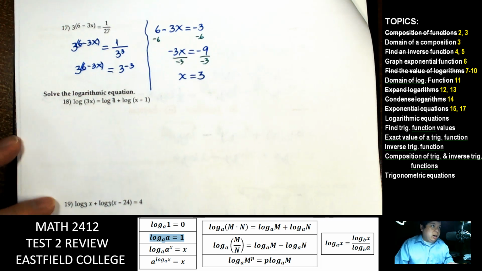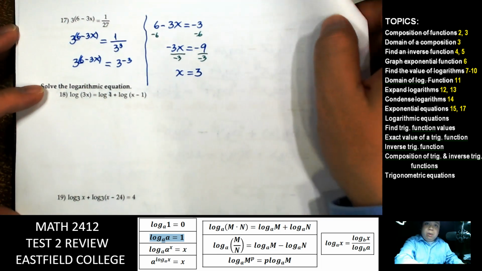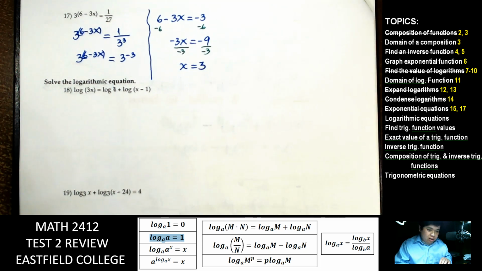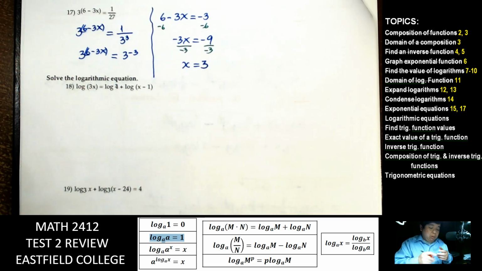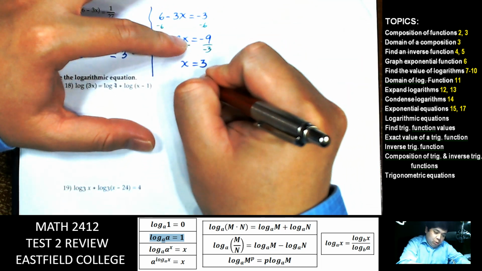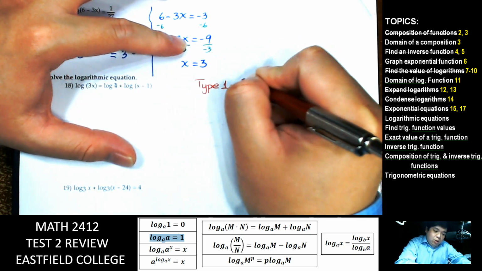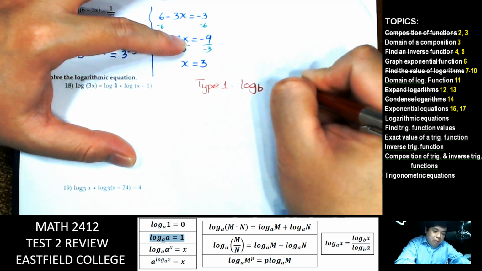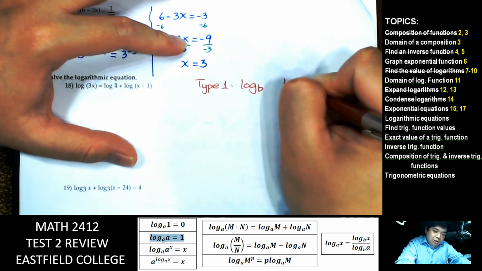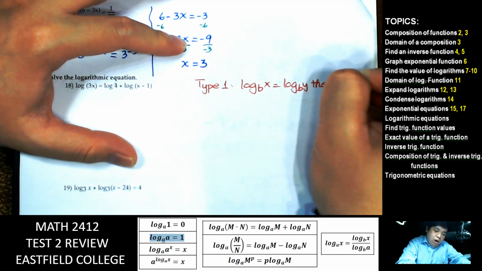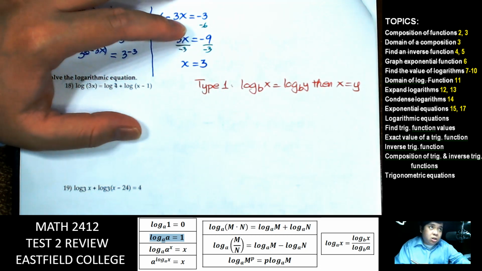Right. Next, logarithmic equations. That's different, but there are also two types, like the exponential equations we had earlier. So let's write that out. Type 1 is where we have log of the same base on both sides. Then we say x equal to y. So that is one type.